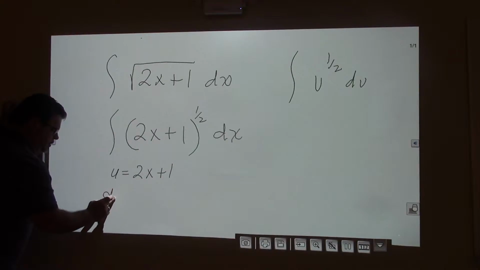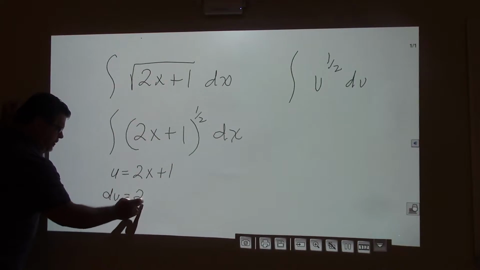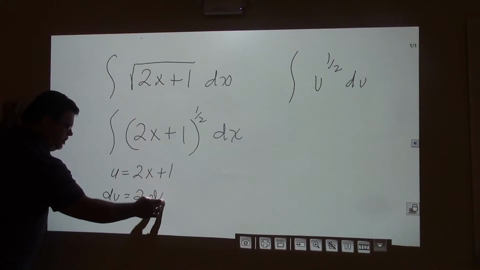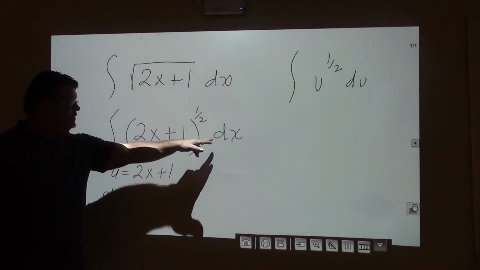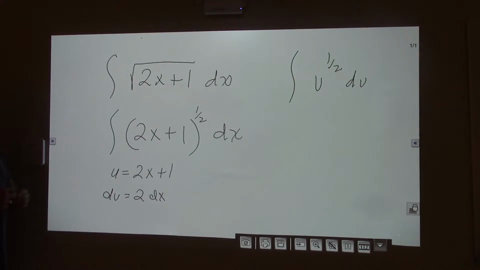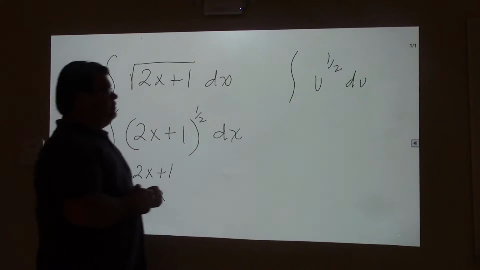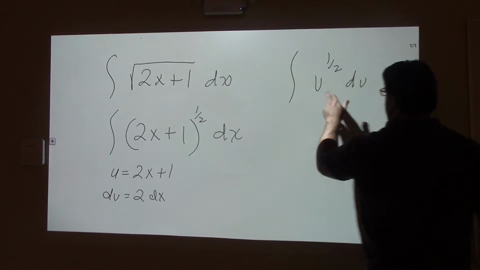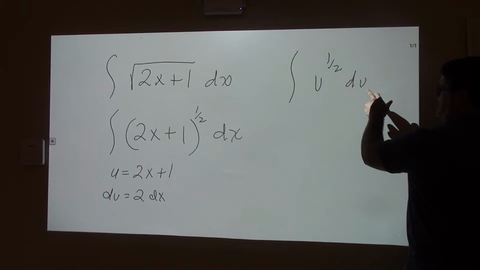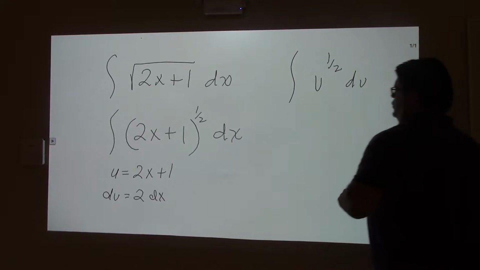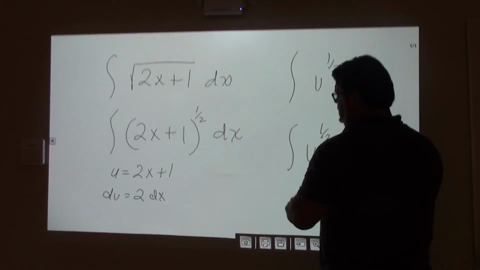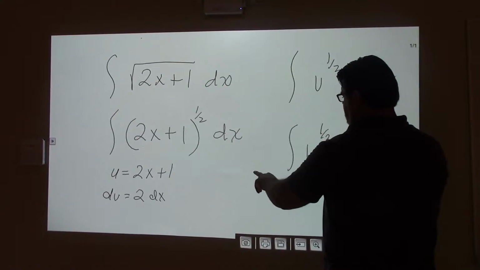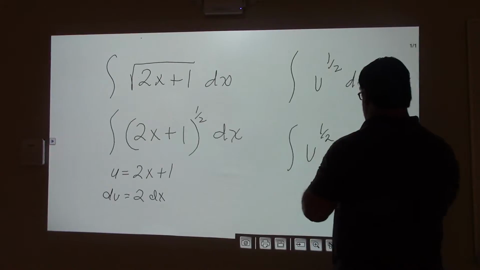What's du? 2 dx. You got to remember that dx, because that dx is right there. So you've got u, and then you've got du right here: the antiderivative of u to the 1/2, and then you've got the 2 dx.